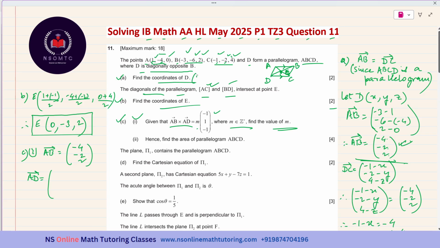Let me write the coordinates over here so that you can see. So 3 minus 1, 0 minus -4, and 2 minus 0, which is equal to 2, 4 and 2.